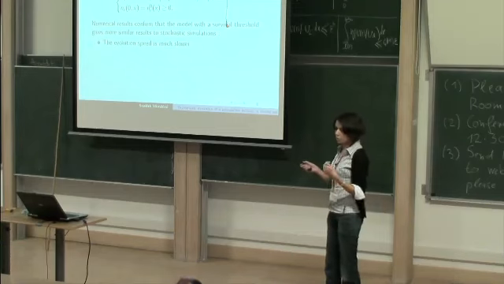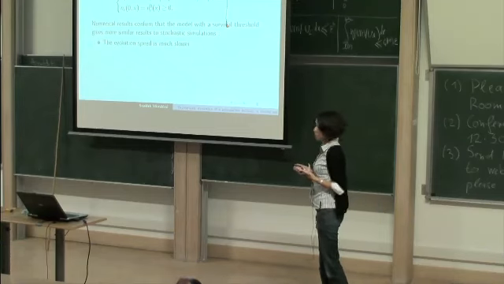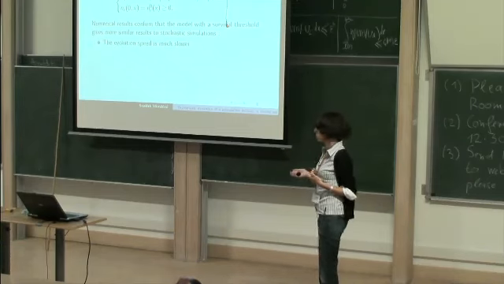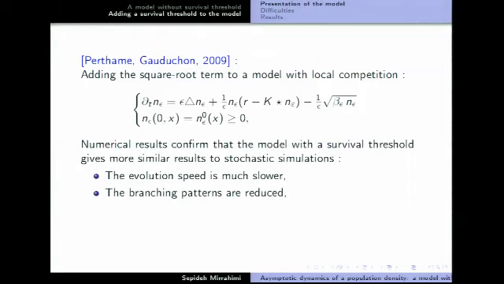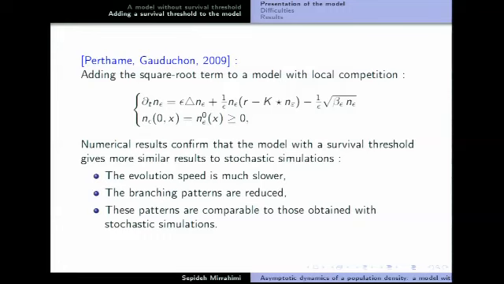For example, the evolution speed is much slower, and it is more similar to stochastic simulations, and the branching patterns are reduced, and they are smoother, and they are comparable to those obtained with stochastic simulations.